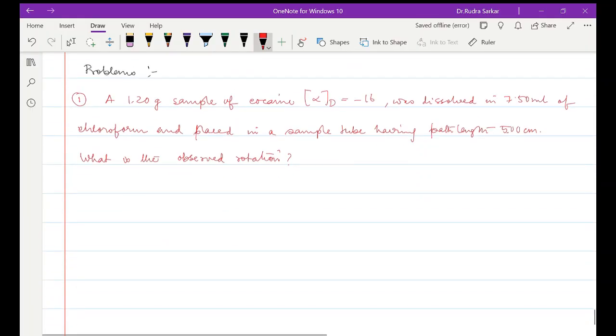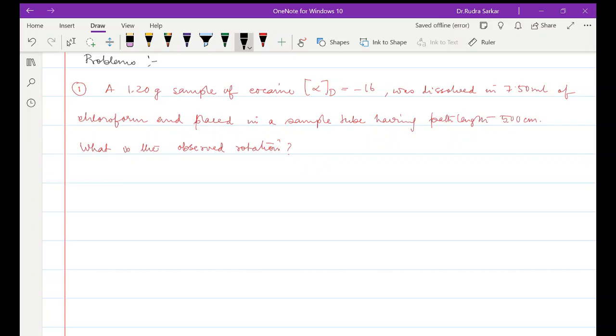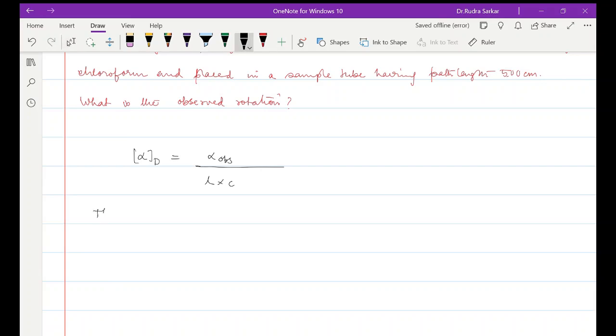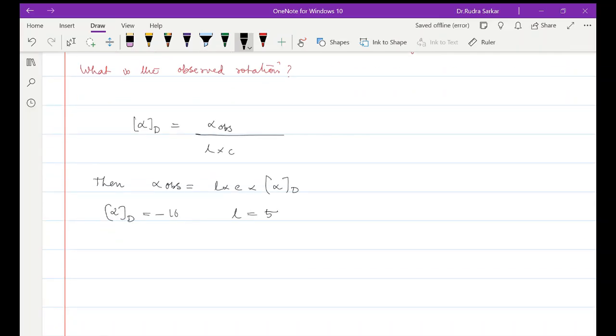So how to do such a problem? How will we do it? So alpha D means specific rotation. What do we know? It is alpha observed divided by L into C. And then what will we write? Alpha observed is L into C into alpha D, which is my specific rotation. Alpha D is given as -16. L is 5 centimeter, which we have to convert to decimeter, so we will divide this by 10.